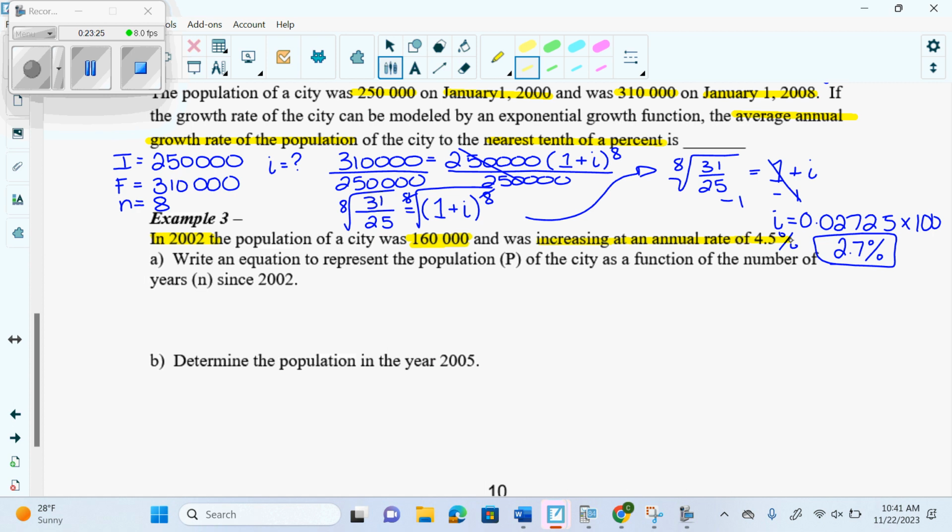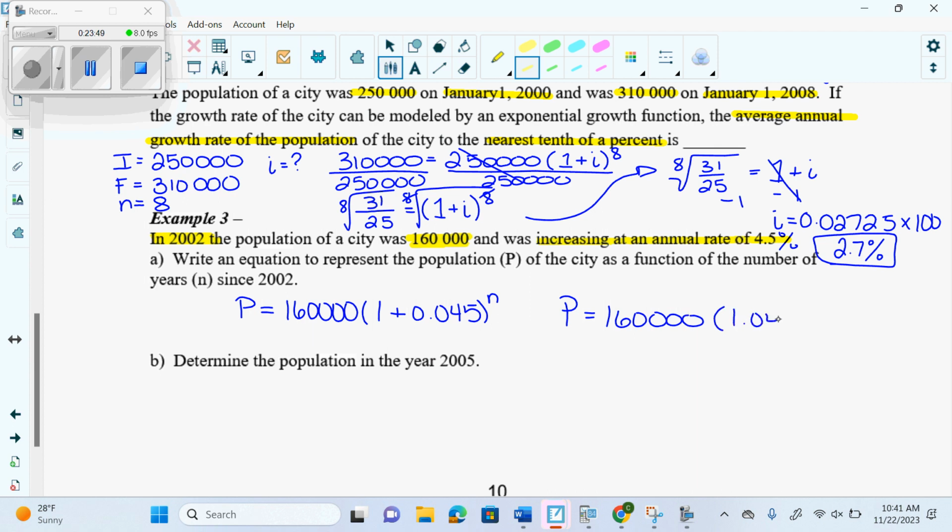So we can't go f equals here if they tell us that it has to be P. So make sure that you use P equals initial, which is 160,000, bracket 1 plus 0.045 to the n. So technically it would be P equals 160,000 times 1.045 to the n.